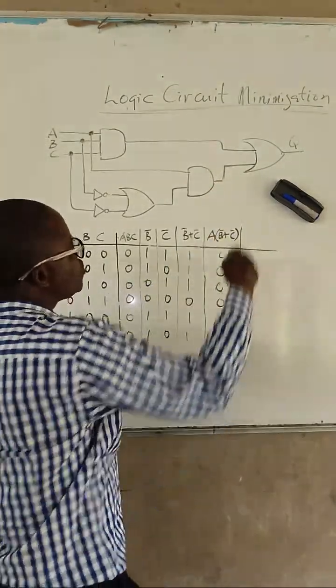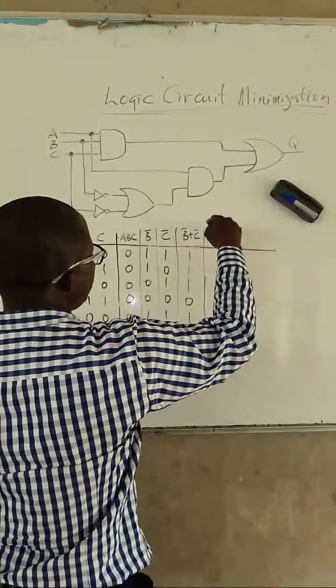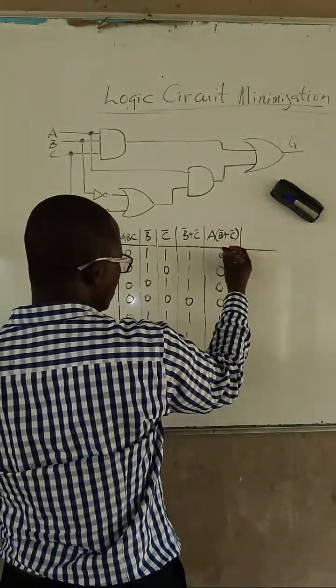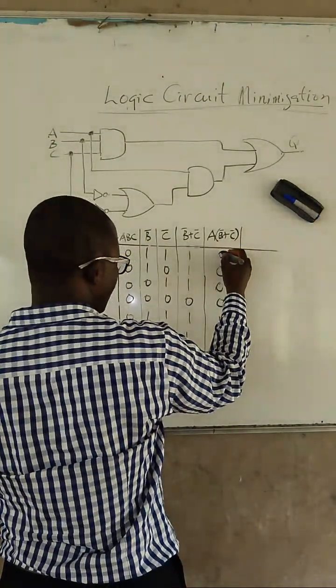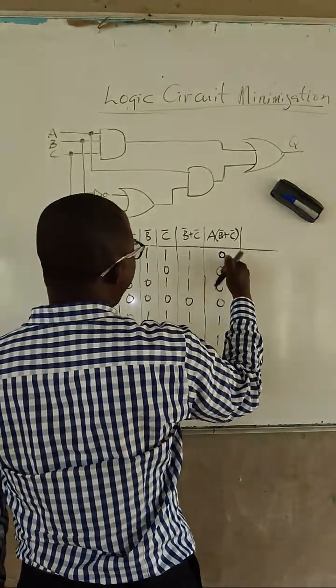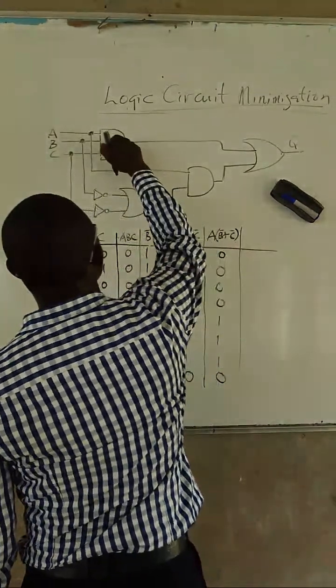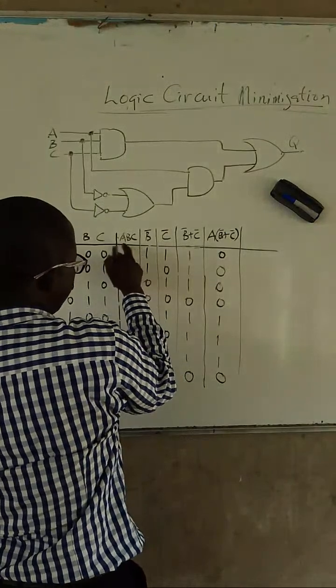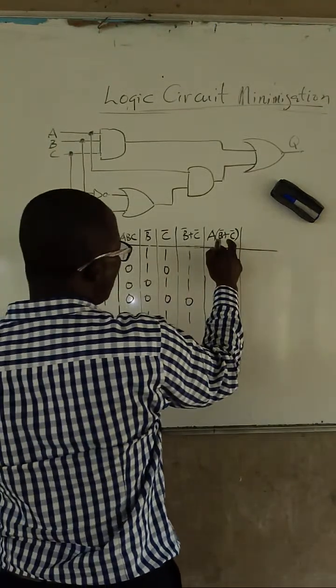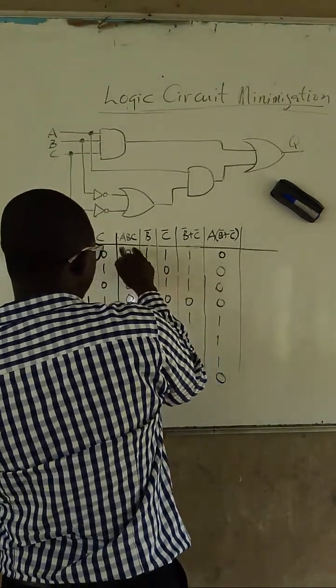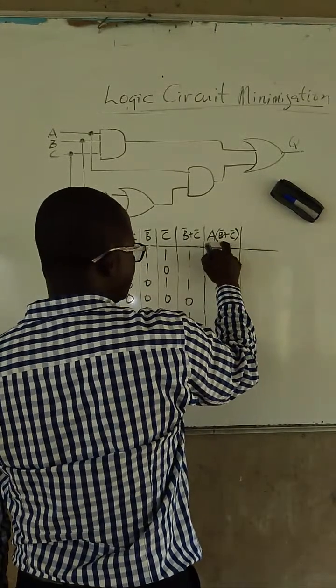Now, the final output Q is between these outputs, the outputs here, and the output of the first AND gate and here. So with this ABC, we are going to do an OR sum between this ABC and A bracket B bar plus C bar.